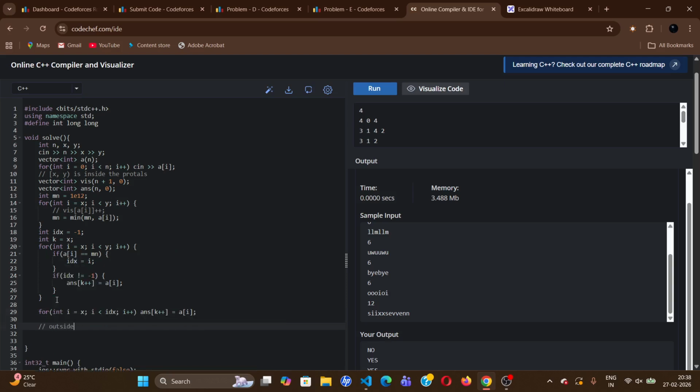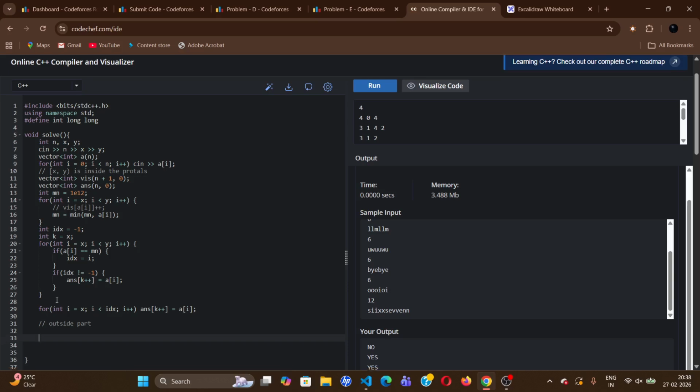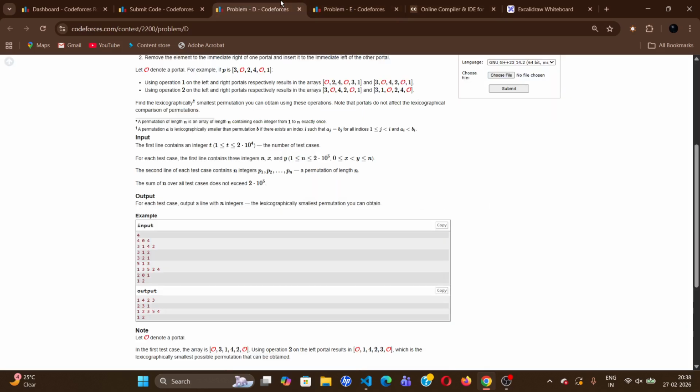Now the outside part. For outside we will, okay, so the first element cannot be changed.